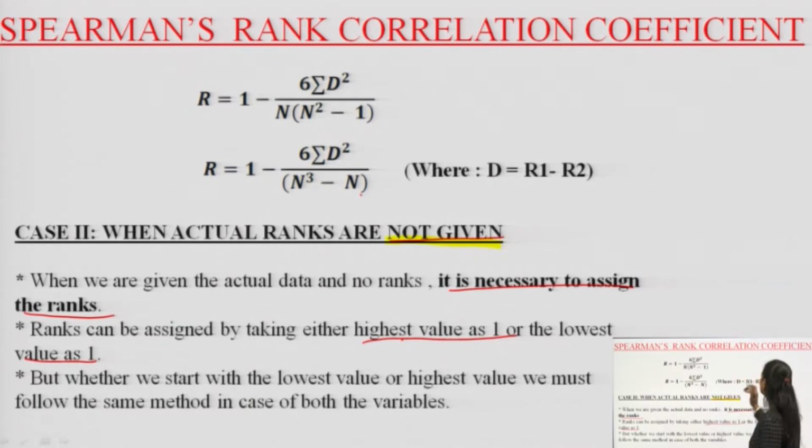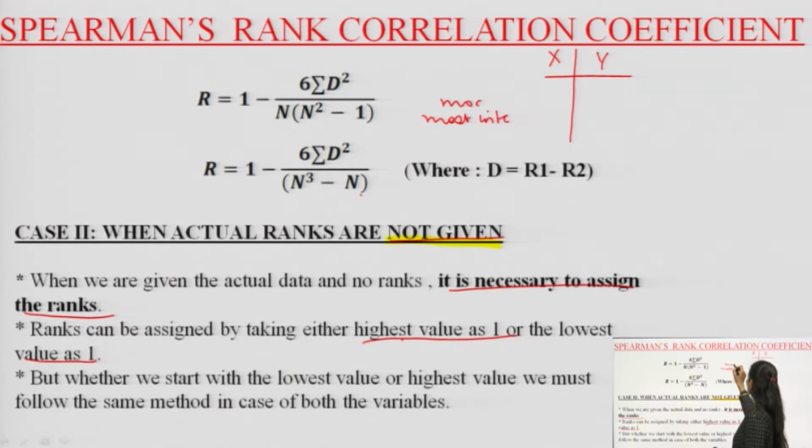For example, if there are variables x and y and the observations for them are in terms of most intelligent, moderately intelligent, least intelligent and poor.